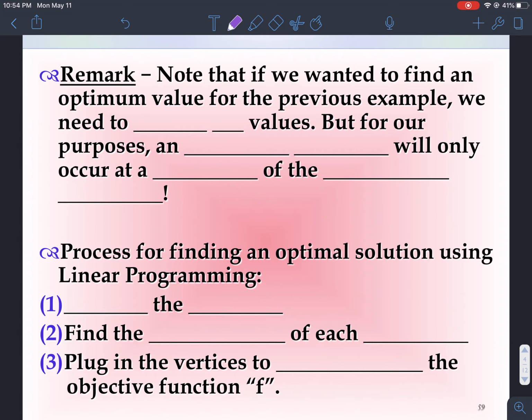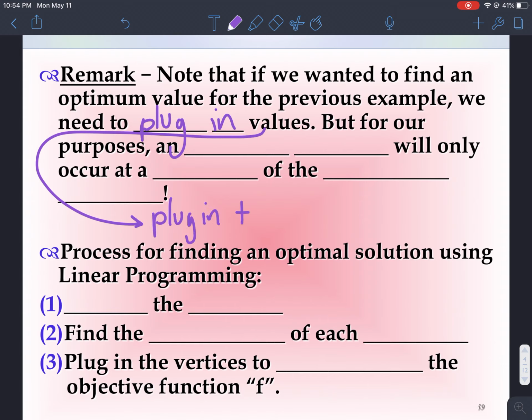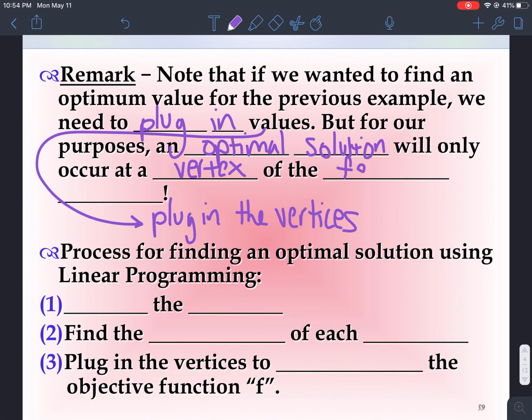Now, note that if we want to find an optimum value for the previous example, we need to plug in values. Specifically, plug in the vertex or vertices. For our purposes, an optimal solution will only occur at a vertex of the feasible region.